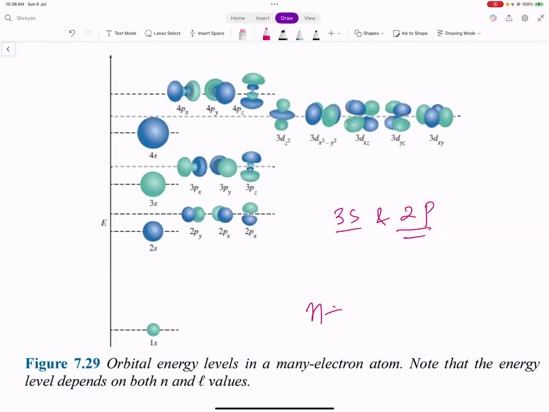First we'll calculate the n plus l value. Higher n plus l value means higher energy. Got it?